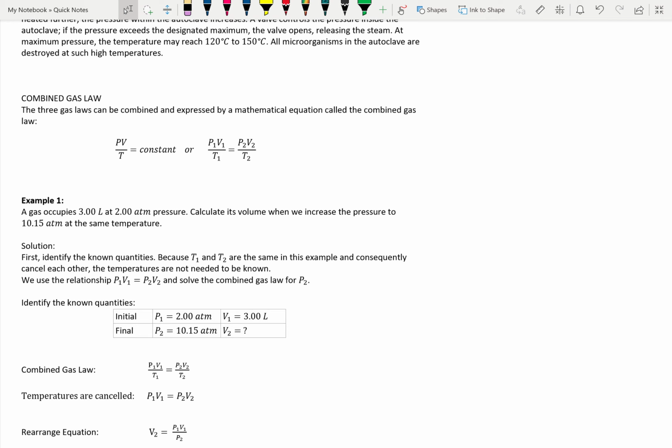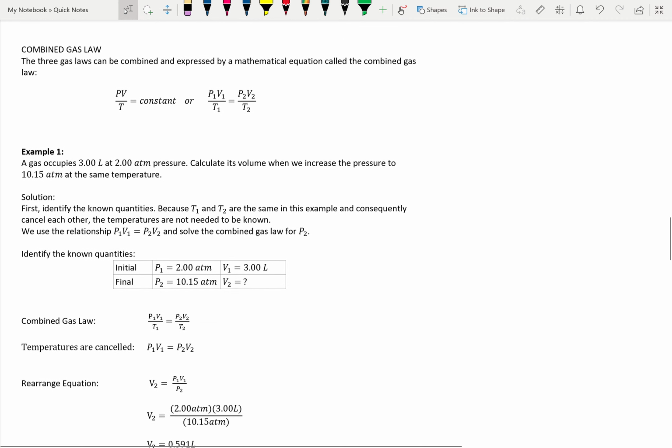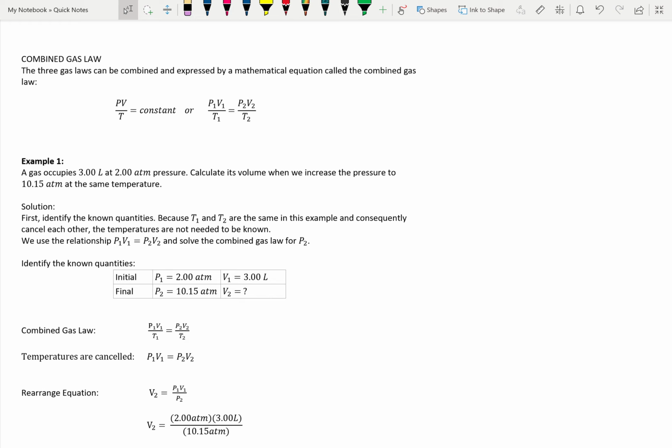We can just take them out of the equation, and we're left with P1V1 equal to P2V2. So what I did is we take our combined gas law here, and our temperatures are constant, so those get canceled out, and we're left with P1V1 equal to P2V2.